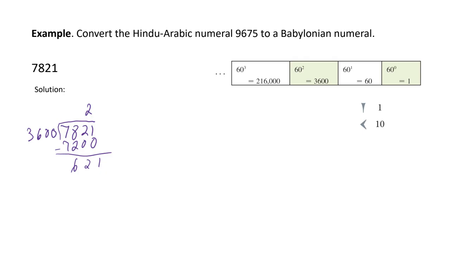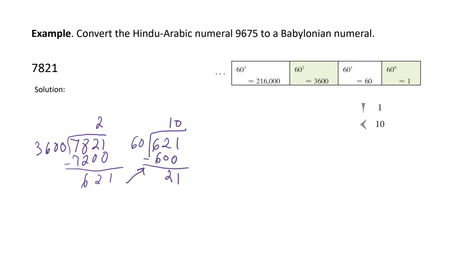So just keep the 2 on top and then multiply 3,600 times 2, which is 7,200, and then subtract, and that gives you 621. So next, get the remainder, that's the 621, and divide it by the next base, which is 60 to the power of the next place value to the right, which is 60.